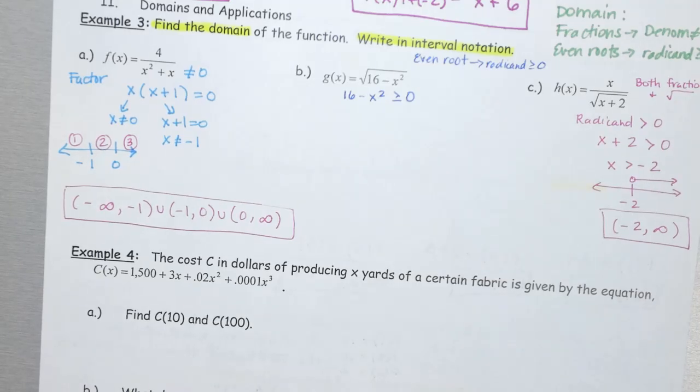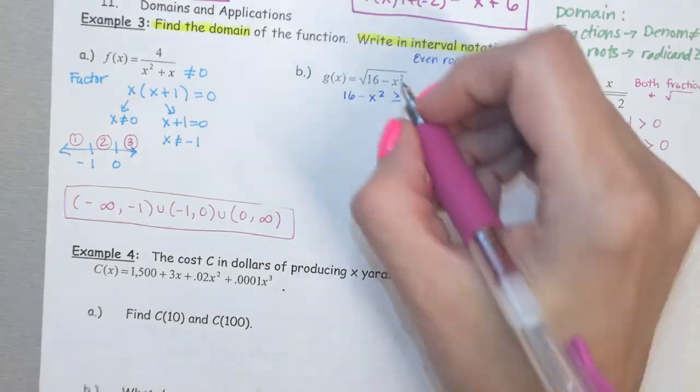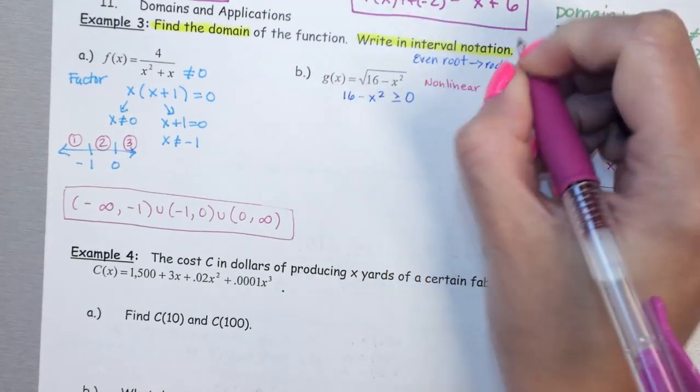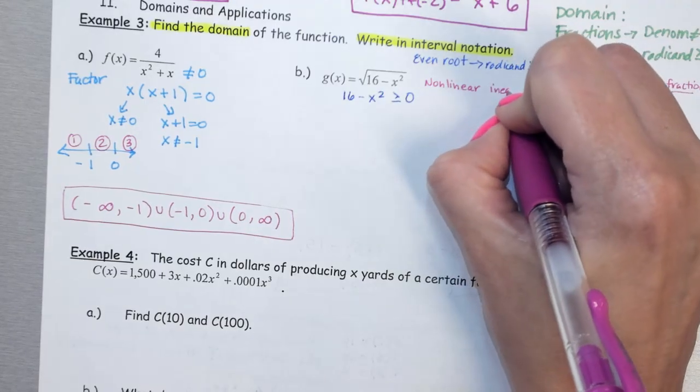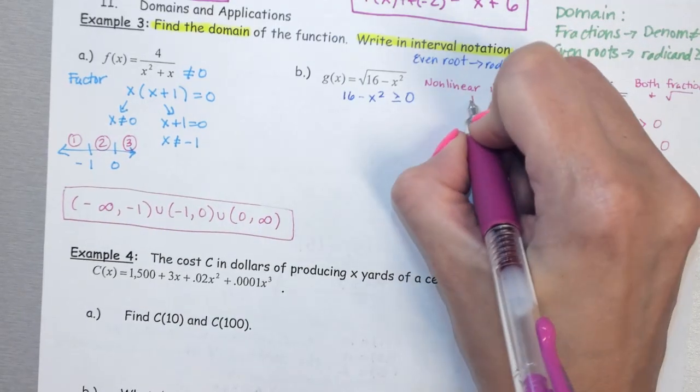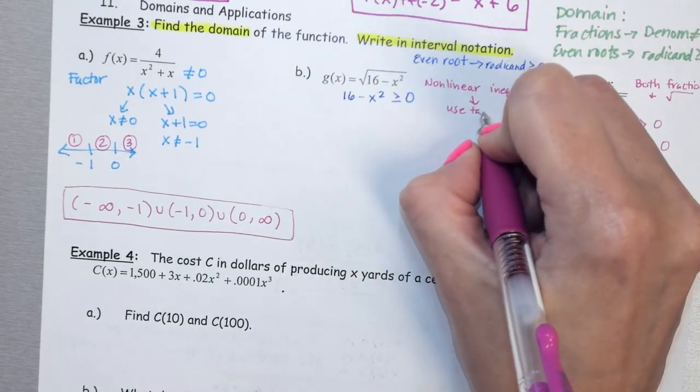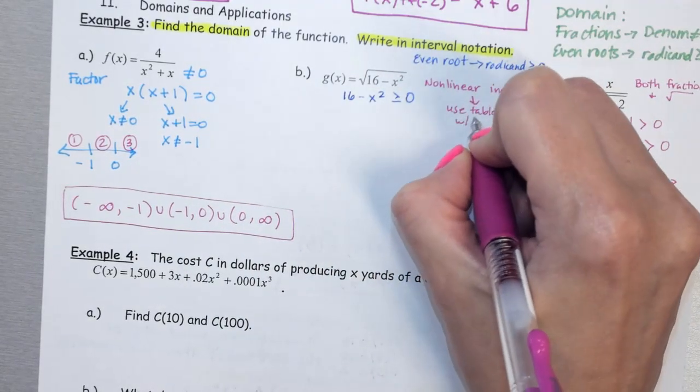That can help you get your key values, but this is a non-linear inequality. So if you have a non-linear inequality, which is what we did in 1.7, to solve these, you have to make your table. So you have to use your table with your intervals.